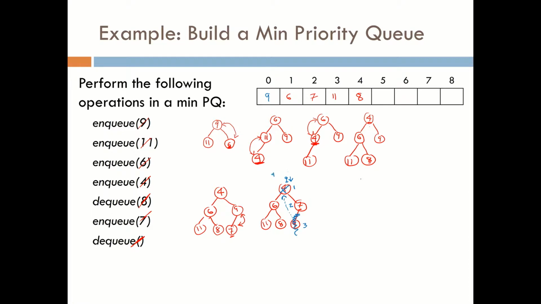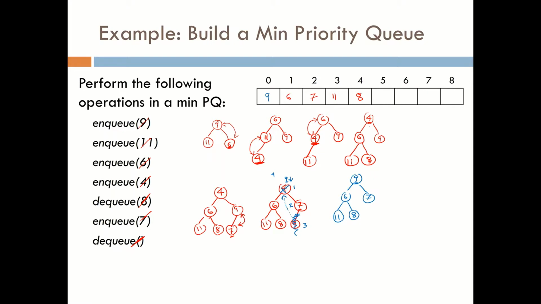Okay. So our tree then looks like this. We've got a 9, and we've got a 6, and a 7, and an 11, and an 8. So if we look at our array, 9, 6, 7, 11, and 8, we're heaping down the 9.